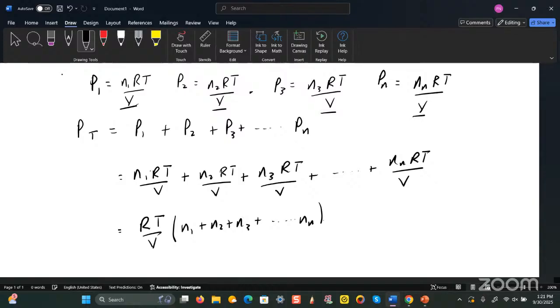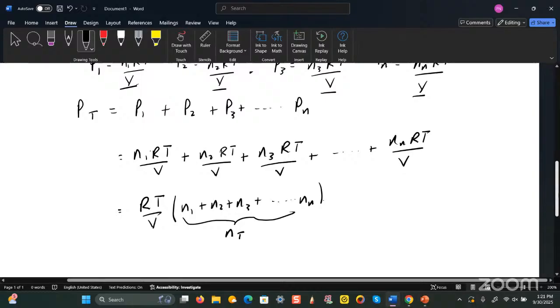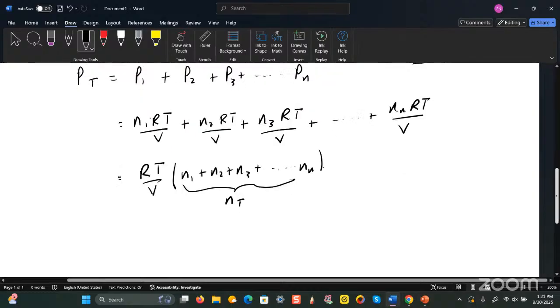Now, this part here, we can simply call that N total, the total moles, the sum of the moles of all the gases in the mixture. So if we designate that N total, then we can simplify this to say that P total is equal to N total times R times the temperature divided by the volume, right?